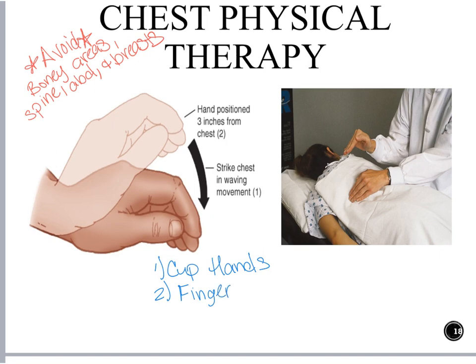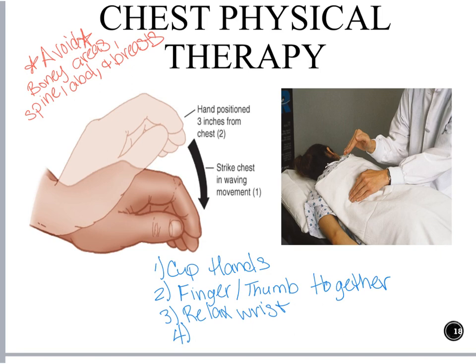You don't want any spaces, because with your hands cupped, you're going to get the right amount of pressure needed doing CPT to have it be effective. You want to relax your wrist. And then percuss over the area that needs to be drained.